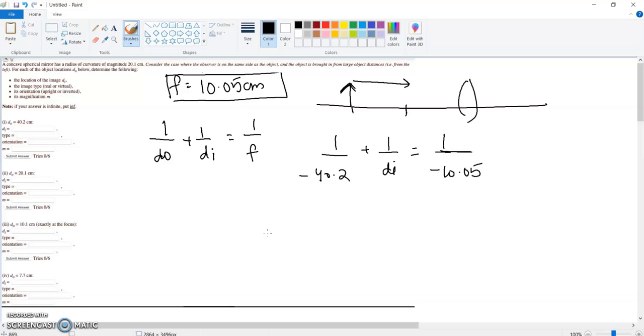Alright, for this part, let's calculate the distance of image.